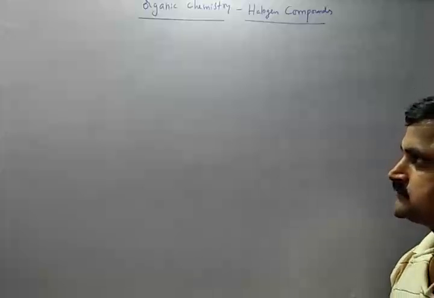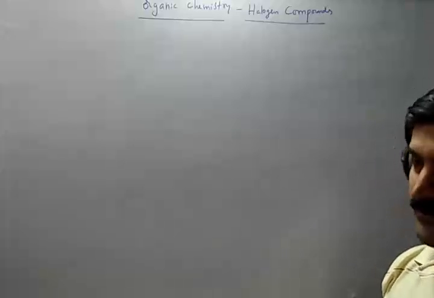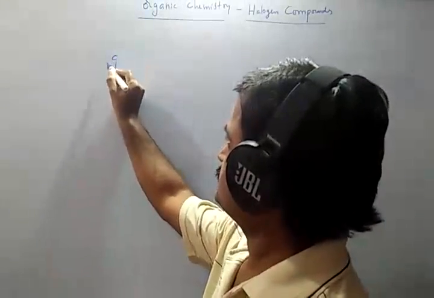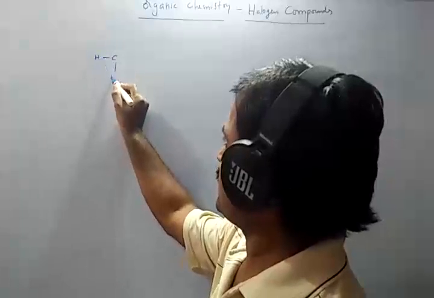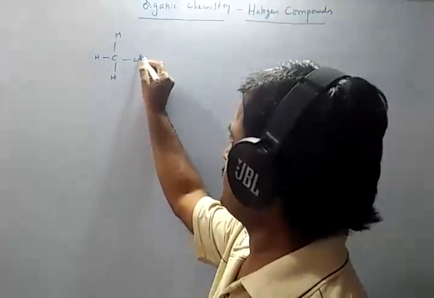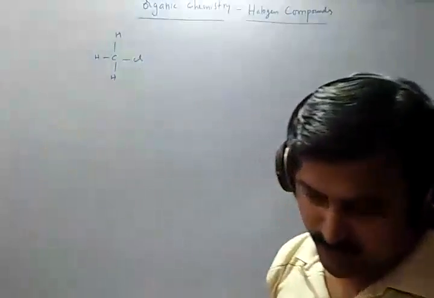atoms. As you know, if you take an aliphatic hydrocarbon, suppose methane, one hydrogen is replaced by the halogen chlorine.